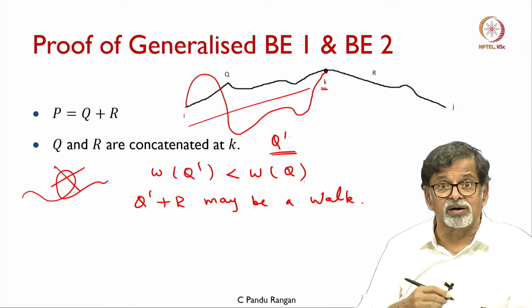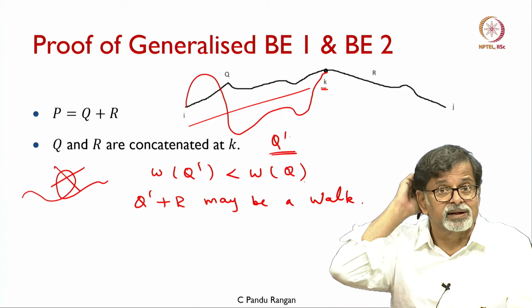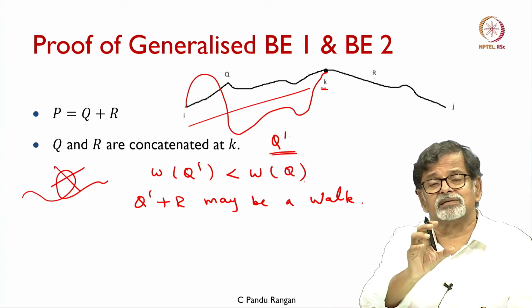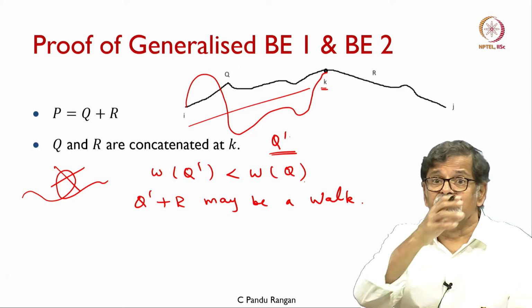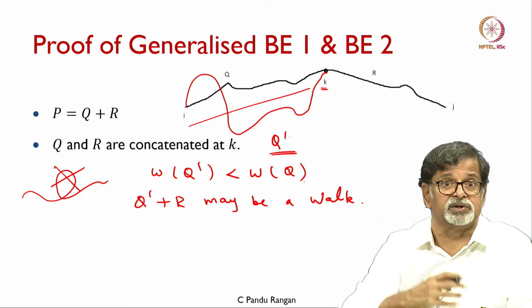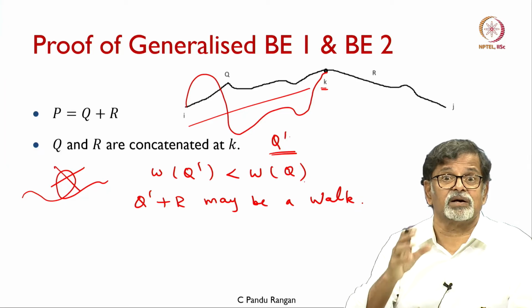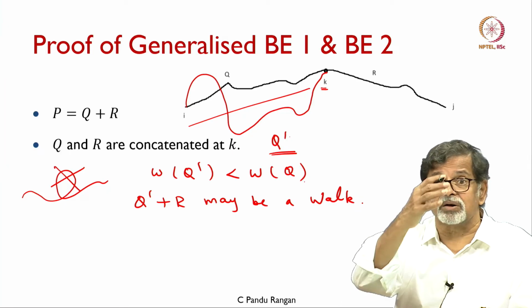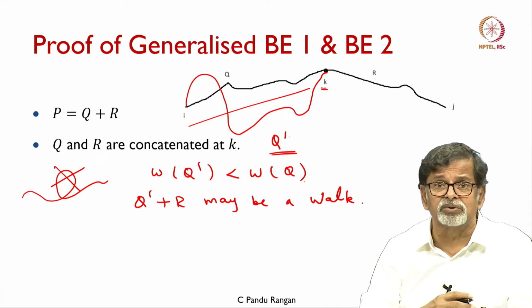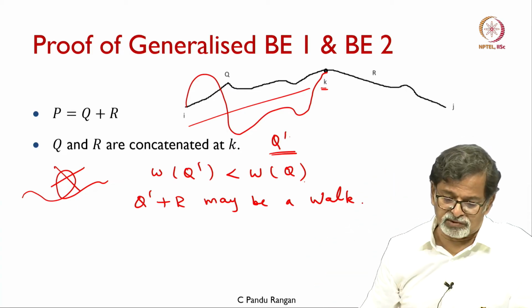I can get a sub walk which is in fact a path, and weight of that path will be less than or equal to weight of the walk. The reason is everything that I have knocked out is positive, all cycles are positive, no negative or zero cycles. So when you knock a positive cycle out, the weight reduces.